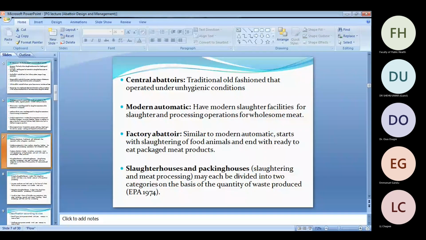Most of the time the operations are not carried out in a hygienic way compared to a modern abattoir that has slaughter facilities that enable smooth operations and hygienic preparation of meat. We also have factory abattoirs, in the sense that they don't only slaughter but also process this meat into finished products and package meat products. You understand? Yes, sir.